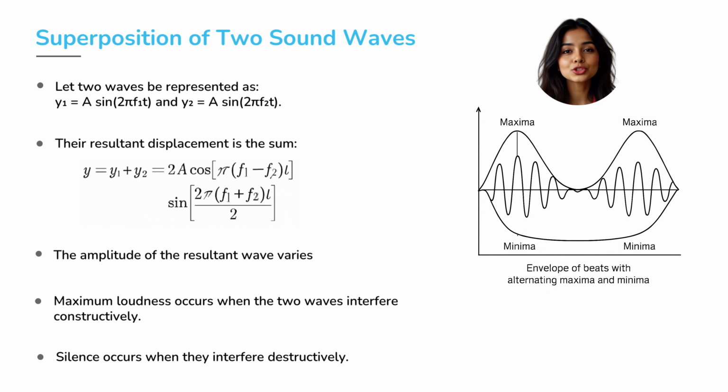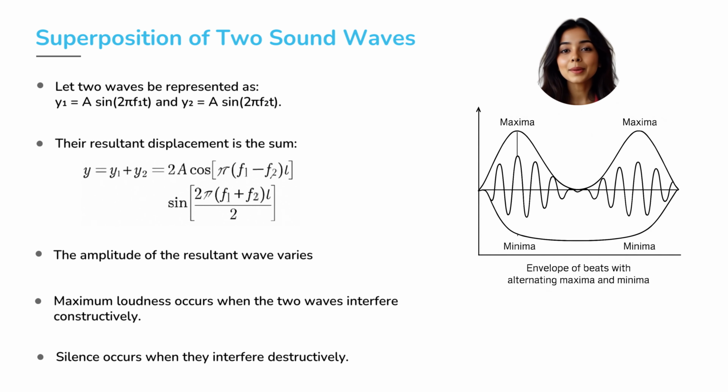Now, using the trigonometric identity, sine a plus sine b equals 2 sine of open bracket a plus b over 2 close bracket multiplied by cosine of open bracket a minus b over 2 close bracket. Applying this, we get y equals 2a cosine of pi into f1 minus f2 times t multiplied by sine of 2 pi into f1 plus f2 times t divided by 2.